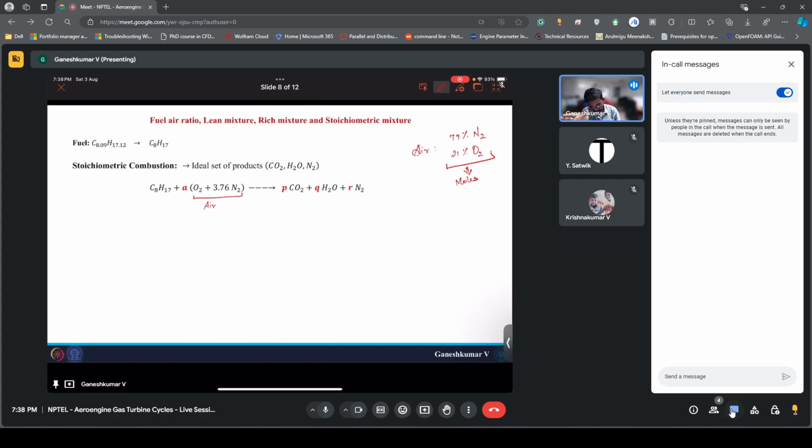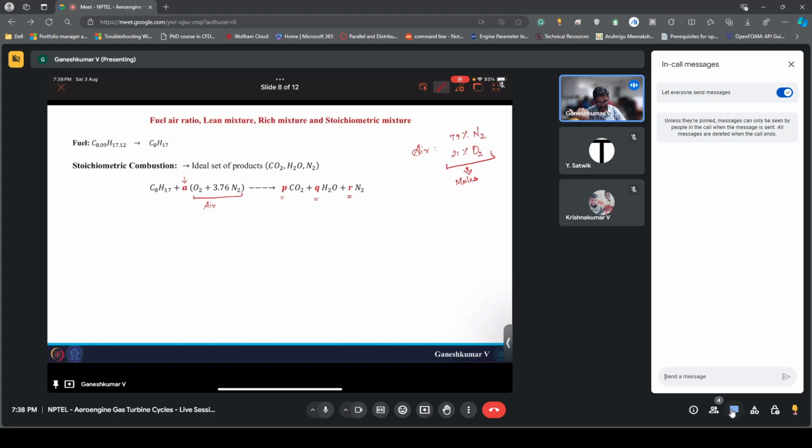And we need to know the number of moles of air, which I am denoting as A. And then once it combusts, I need to know the moles of P, Q, and R I will be getting. Okay, so that is the agenda. So we need to balance this reaction, which we already did in our high schools.